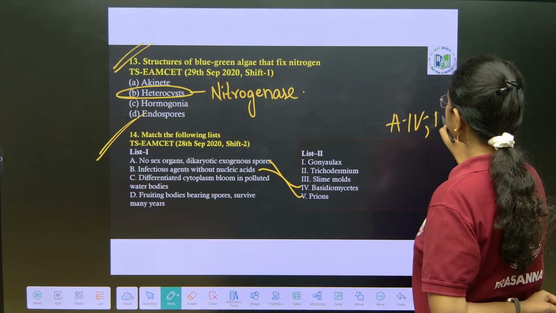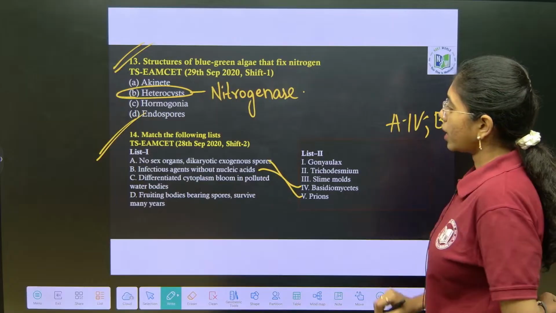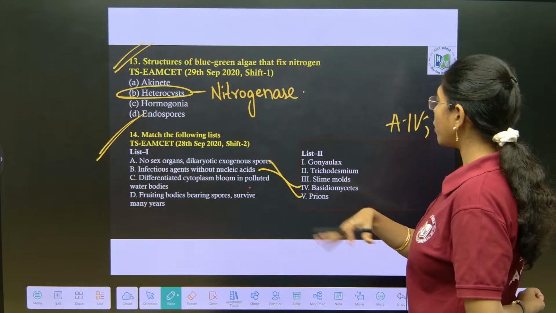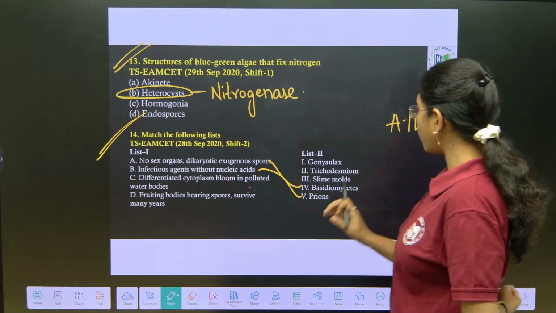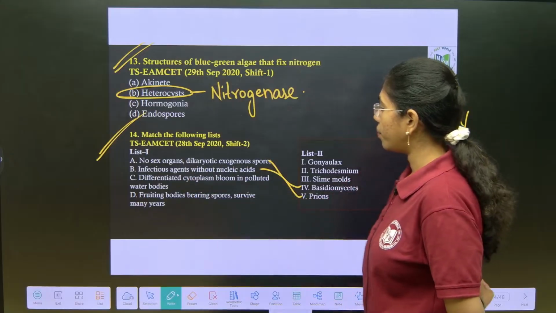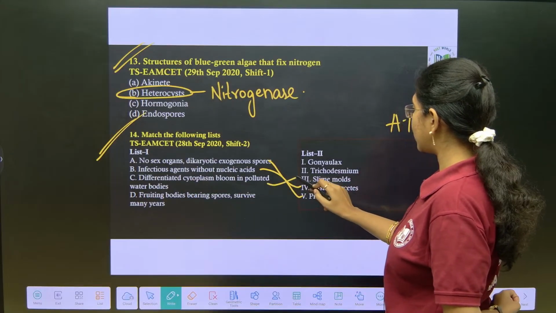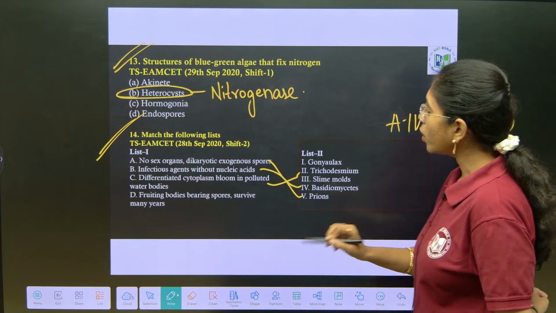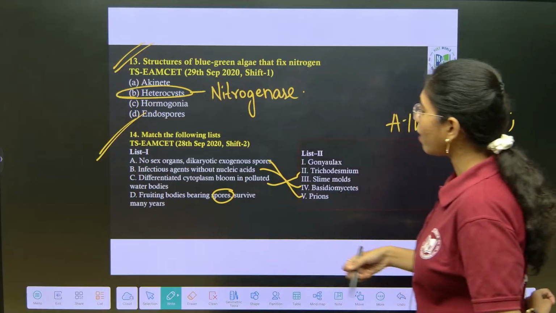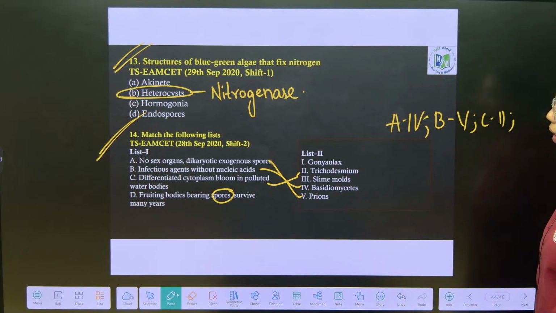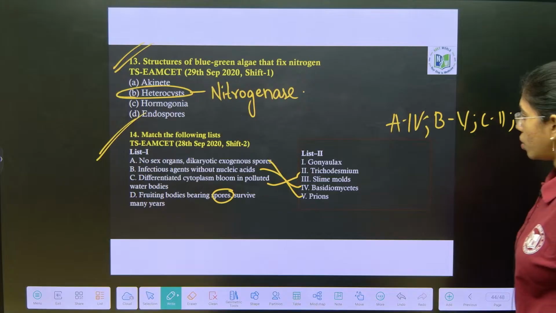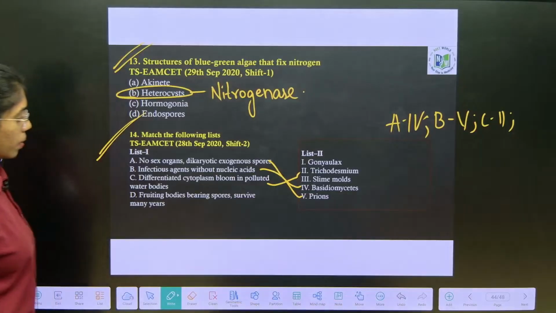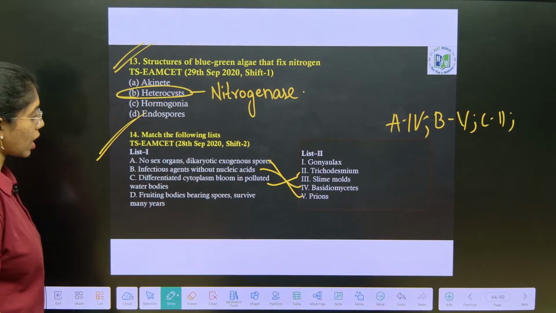B is 5. Next, differentiated cytoplasm, bloom in polluted water bodies. In polluted water bodies, blooms are formed by what? Trichodesmium erythraeum, which is option 2. So, C is 2. Next, fruiting bodies bearing spores which survive many years.